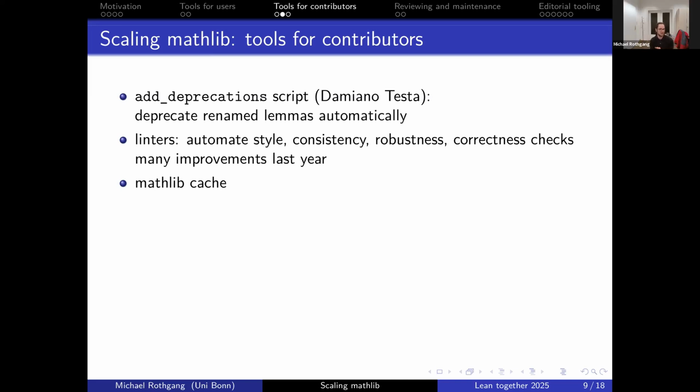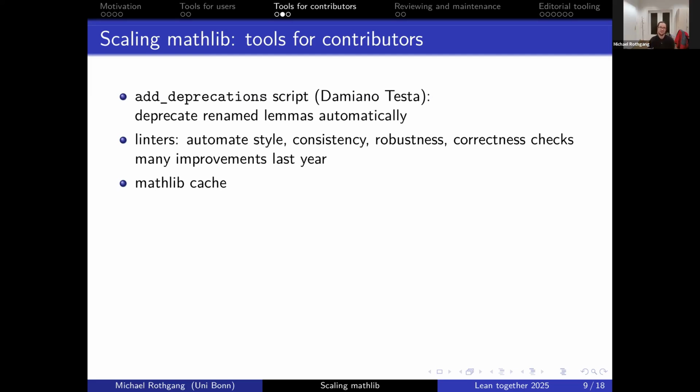Sometimes we're moving linters from a Python script that's text-based to a Lean script that's text-based, and now that's a Lean syntax linter, due to Damiano Testa and myself, for instance, which means you have more robust linters. They're also a bit faster, and you as a user get feedback much more immediately.